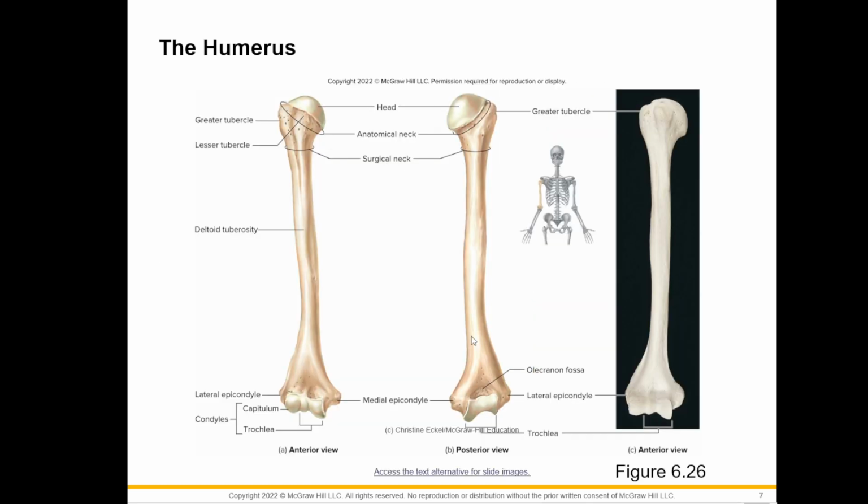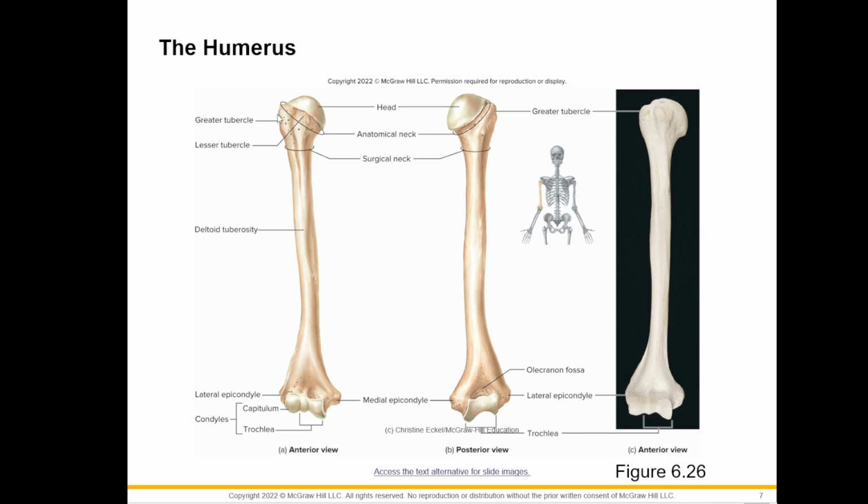So first, let's talk about the humerus. Of course, we have the head of the humerus, and again, it inserts into the glenoid fossa. We also have the anatomic neck of the humerus, meaning this is where the head separates from the diaphysis. We also have a tubercle. Again, when you see the word tubercle or tuberosity, it is a lump of bone.